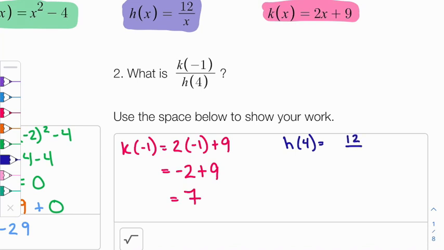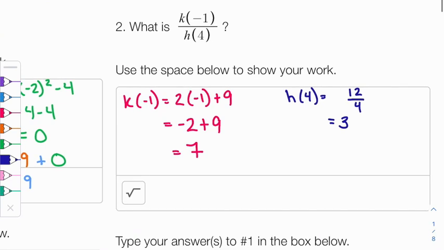That's going to be 12 over 4. That's 3. So k of negative 1 over h of 4 is equal to 7 over 3.